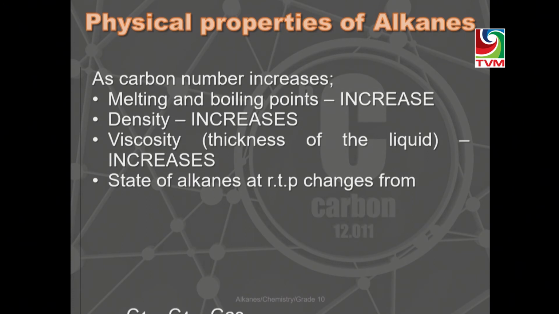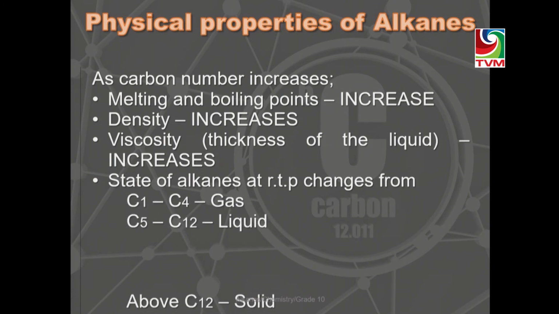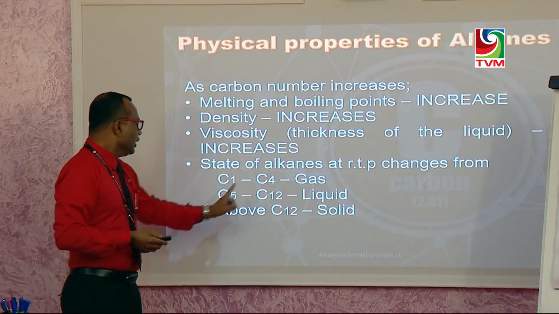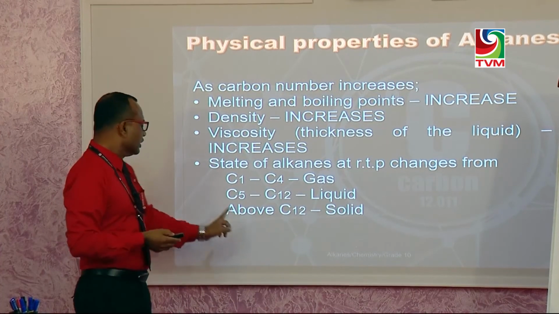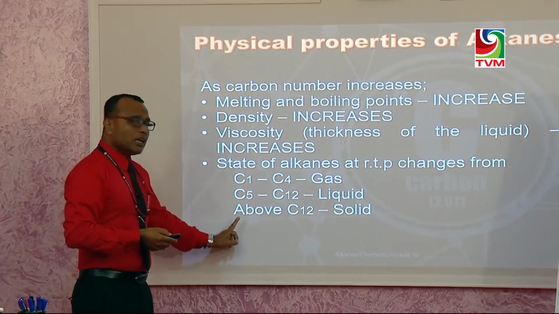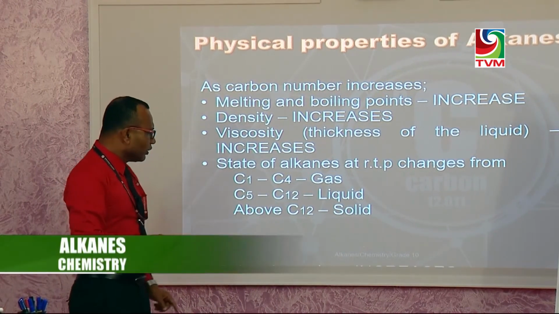State of alkanes you have studied when you were in grade 8. There are 3 states of matter: solid, liquid and gas. Alkanes with carbon 1 to 4 are gases. Alkanes with carbon 5 to 12 are liquids, and alkanes above carbon 12 are solid.